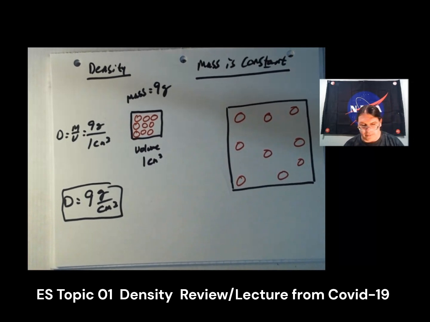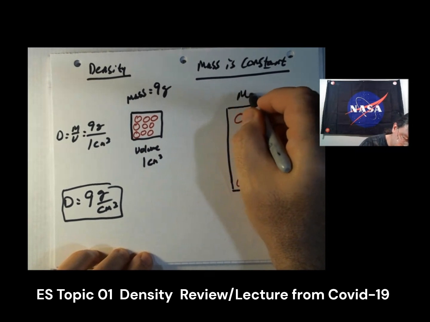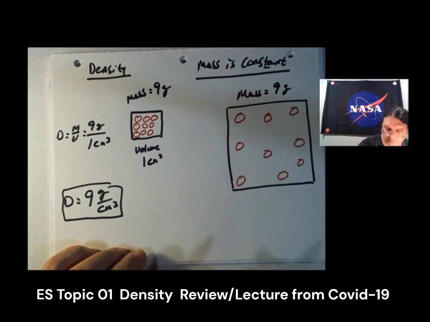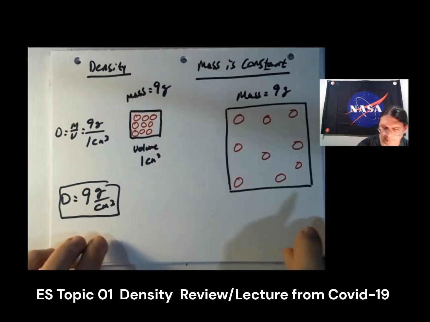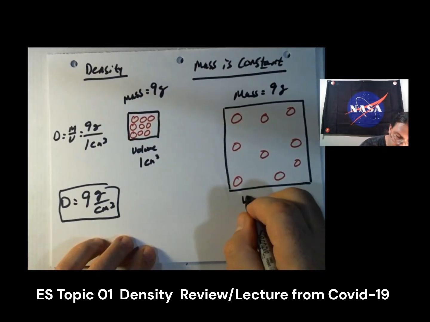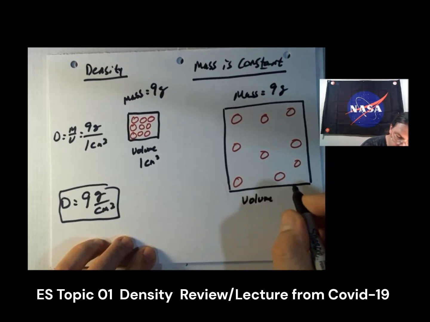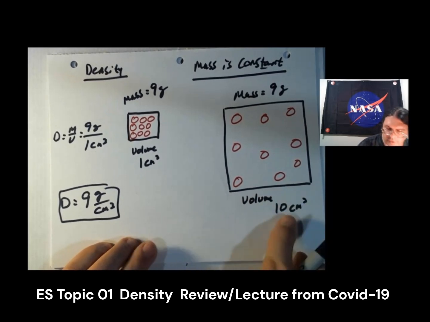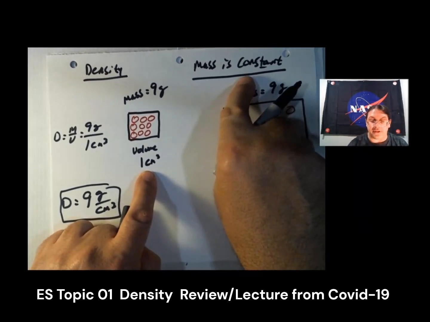Let's look what happens. So my mass still equals 9 grams. But my volume equals 10 centimeters cubed. So I changed my volume. My mass stays the same.